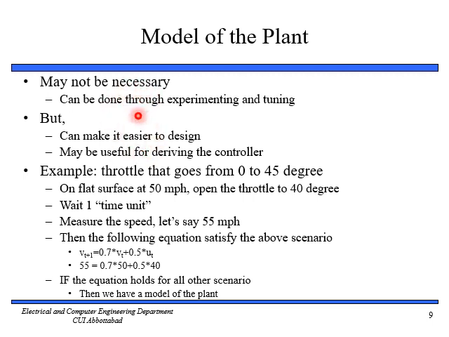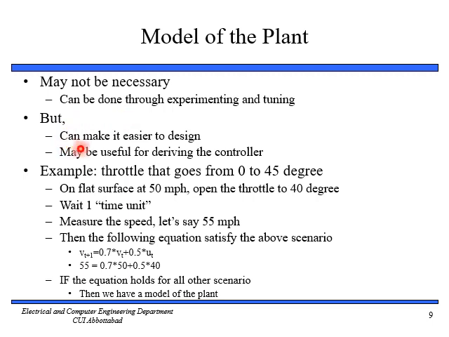So not every time can we give input data to the plant and find out the output, because for a real-time system, doing experiments is very dangerous. So what we do is we have to have a model.